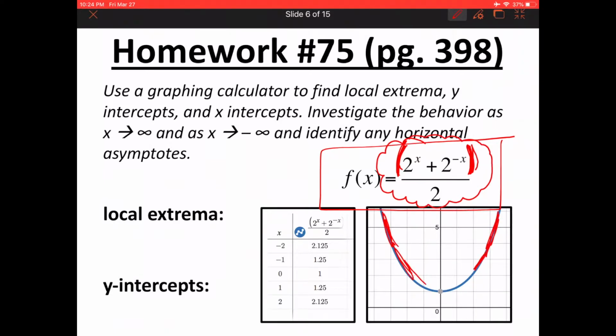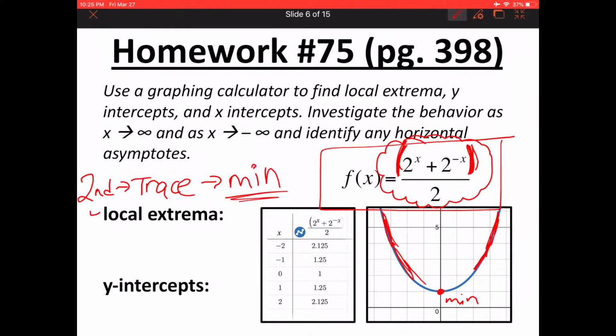So for local extrema, again, that means we are looking for a minimum or a maximum. This graph pretty obviously does have one. So for local extrema, I would go to second, trace, and since my extrema here is a minimum, I would press minimum. If you accidentally press maximum, then the calculator will tell you the wrong result.